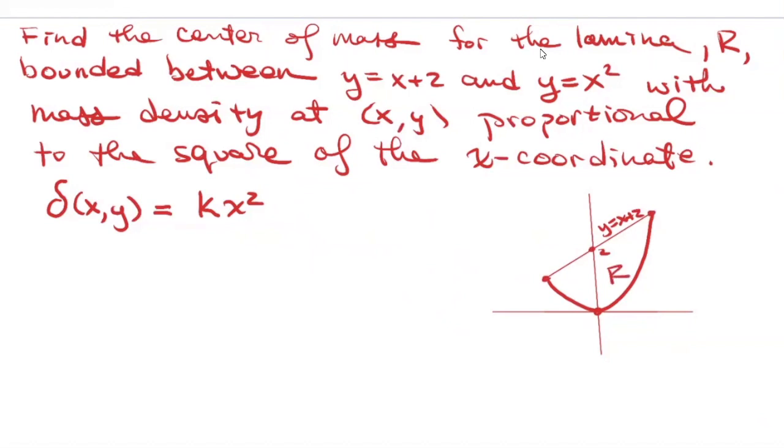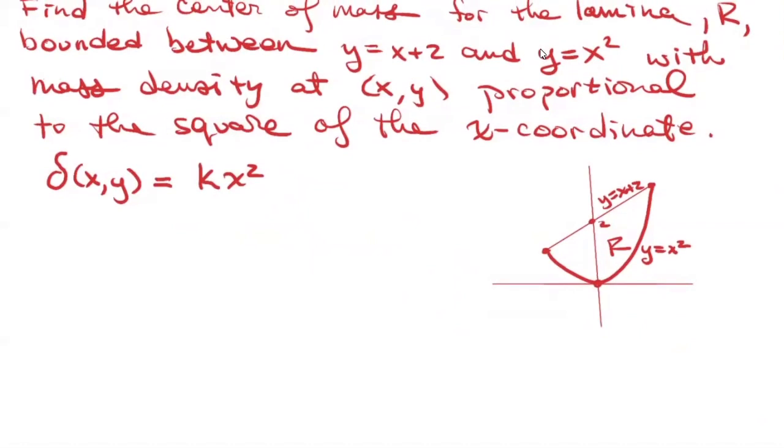So this is our region R. You always need to know, when you're integrating over regions, if it's bounded by two curves, where the curves intersect. If it's a solid bounded by two surfaces, you generally need to know where the two surfaces intersect so that you can cast a shadow down into the xy plane and know what region you're integrating over.